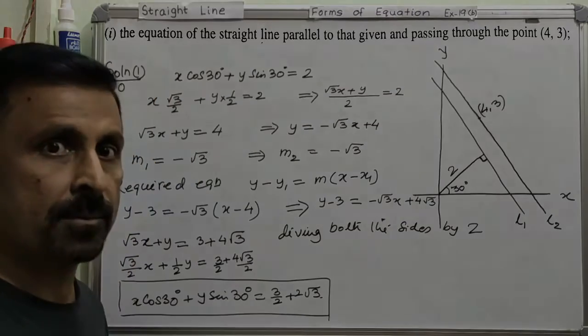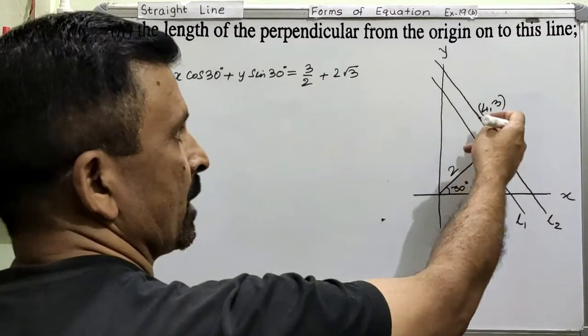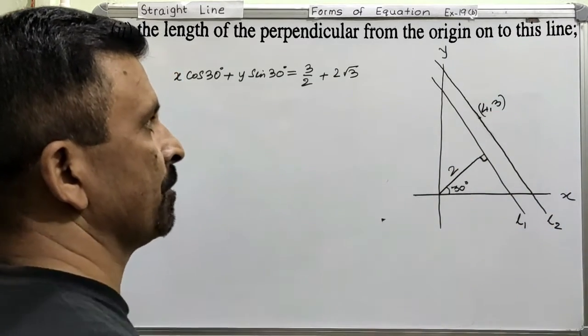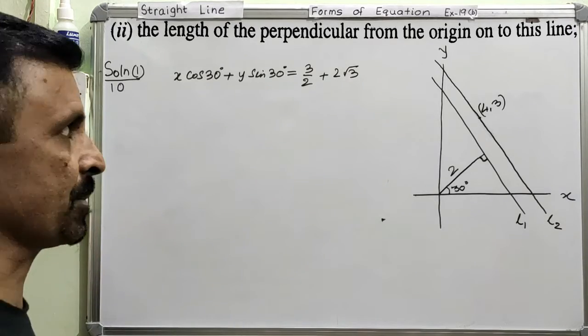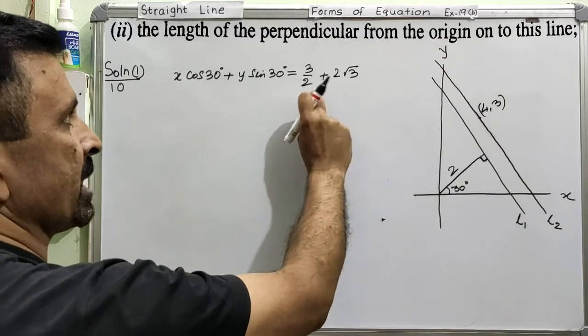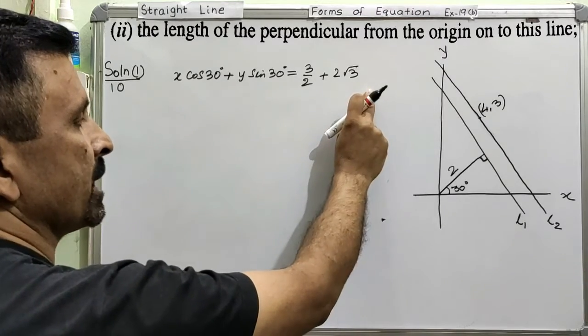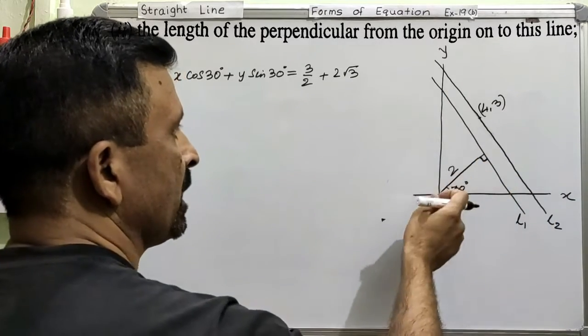Am I well understood? Now the next part of the question is the length of the perpendicular of this line from the origin. Clear? This was your equation which you have got finally in the first part, right? So when you write the equation in the perpendicular form, you know that this is the value of your perpendicular, right? So this will give you the perpendicular distance of this line from the origin.